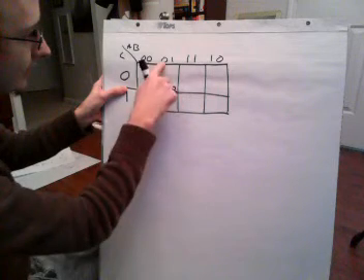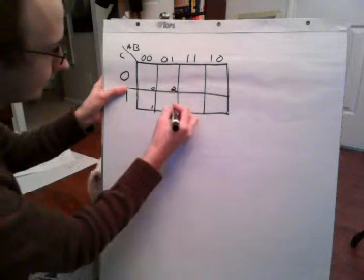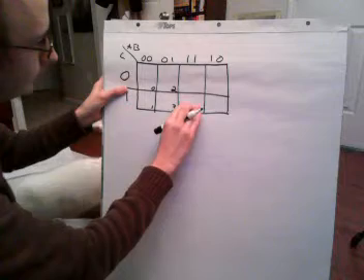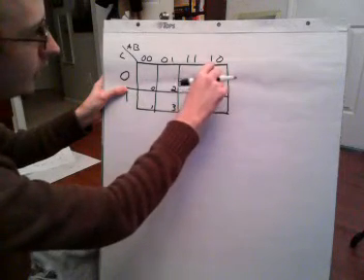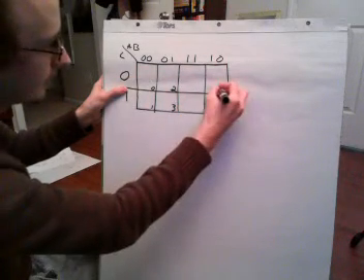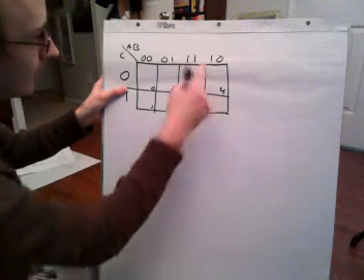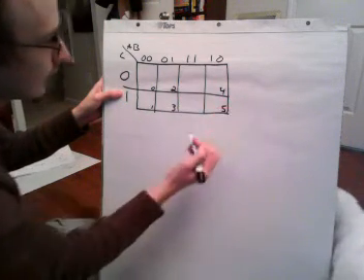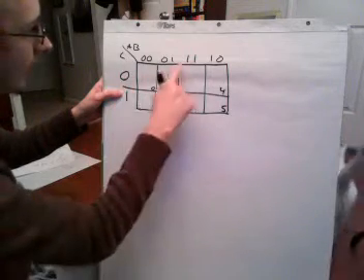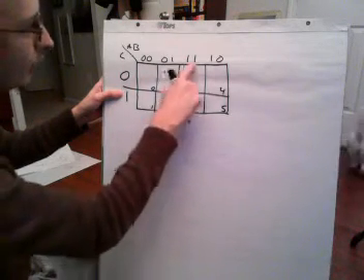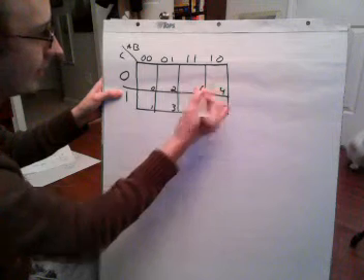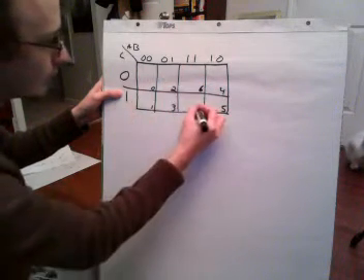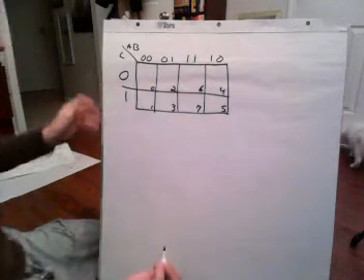This is 3 because it's 0, 1, 1. I'm going to skip this, go to this one. We have 1, 0, 0, 4. 1, 0, 1, 5. Now we go to this column. We've got 1, 1, 0, which is 6. And finally 1, 1, 1, which is 7.